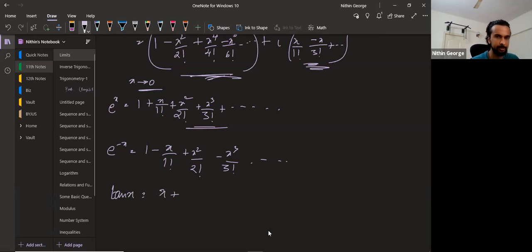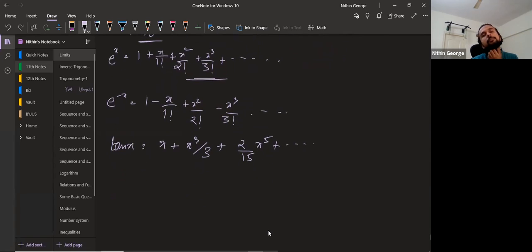Tan x will be x plus x cubed by 3 plus 2 by 15 x power 5 and so on. Just note this down. Use this logic to find this answer.